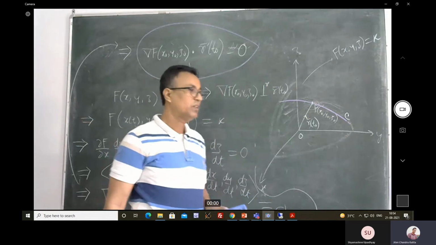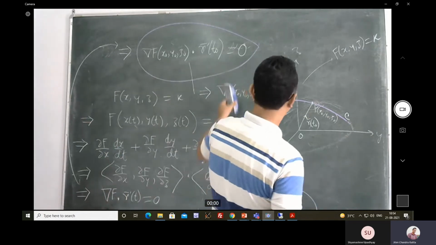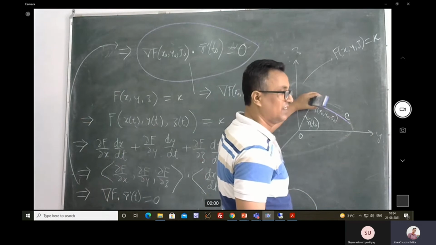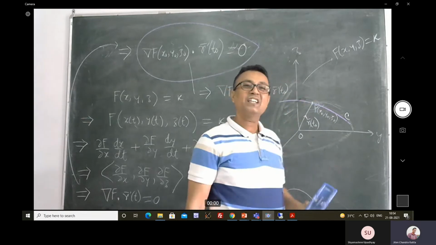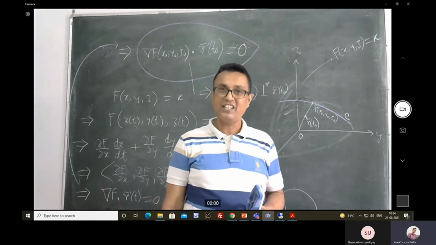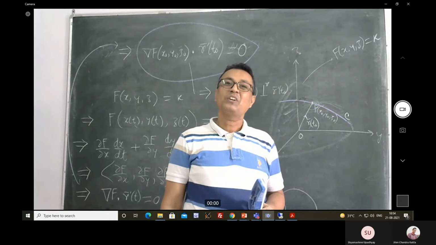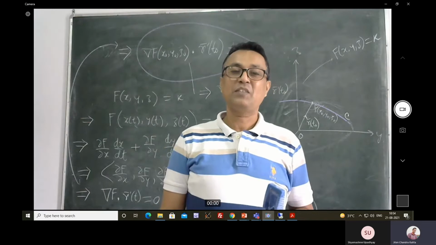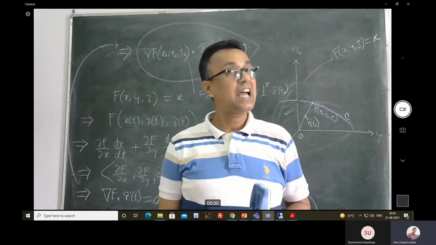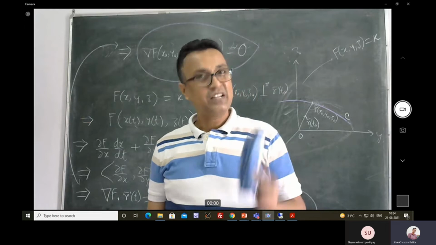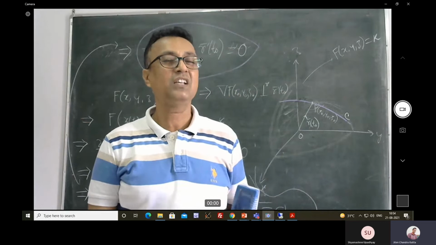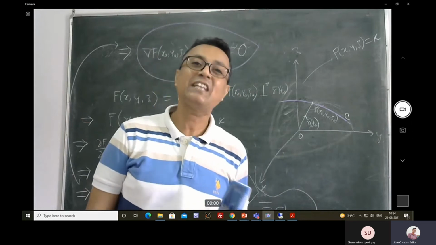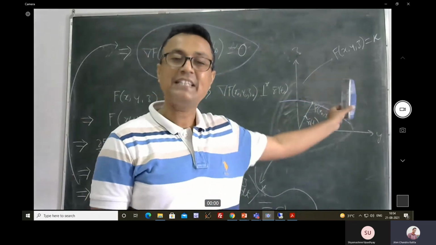Okay. So that means the gradient vector is going to be normal, perpendicular, to all the tangent lines to those curves, which lie on the tangent plane to the surface at the point P. So that means the gradient vector at that point must be normal to the tangent plane drawn at that point to the surface given by the level surface.